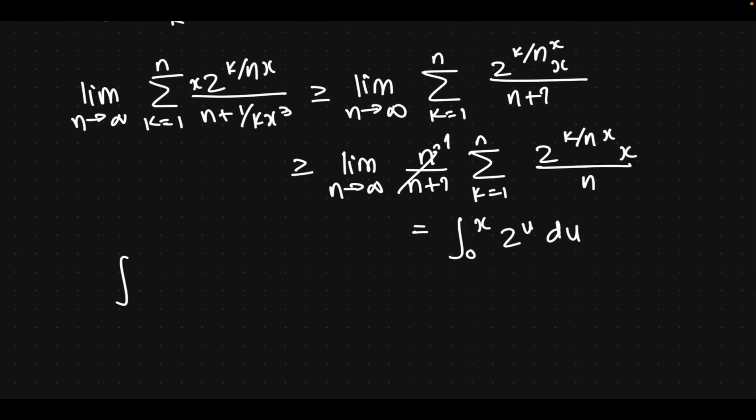So we have the integral of 1 over ln 2 to the 2024. And then inside we found this to be a Riemann sum, 0 to x, 2 to the u du, dx.